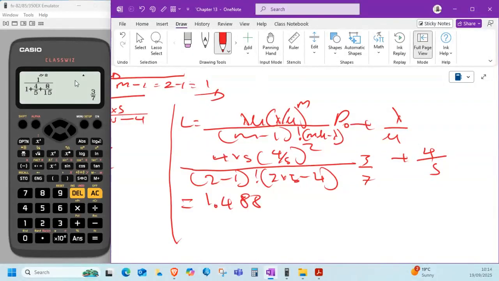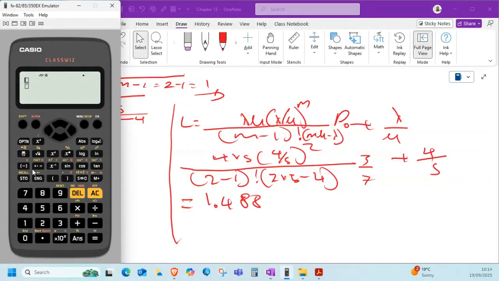So then 4 times 5, open bracket, 4 divided by 5, close that, squared, and then 2 minus 1, close bracket, and then open bracket, you have 2, let's write it as a 10 minus 4, then squared, then times 3 over 7, plus 4 over 5.